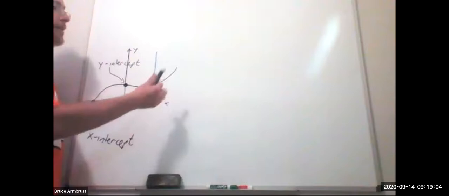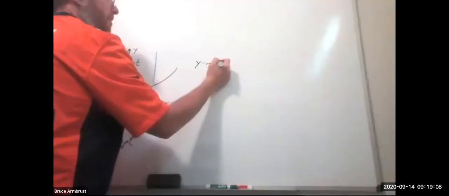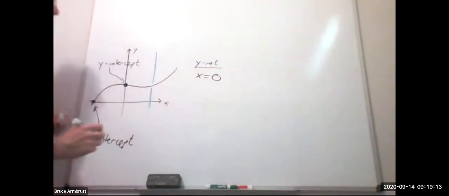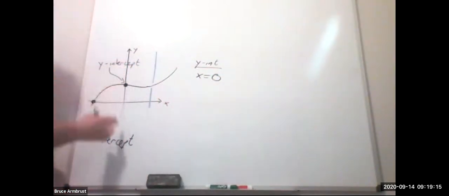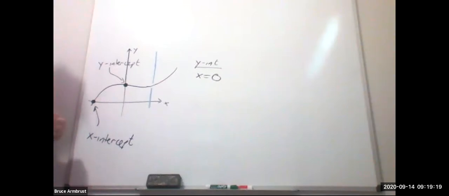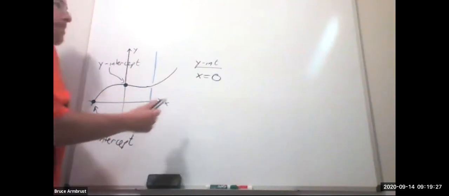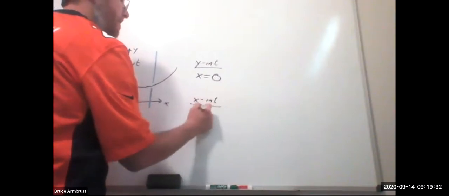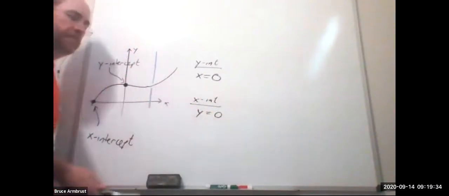So for the y-intercept, what you do is you set x equal to 0, because that's the x-coordinate on the y-axis. So you plug in x equals 0, and you just see what you get out. And then for the x-intercept, it's similar, except you let y equal 0.